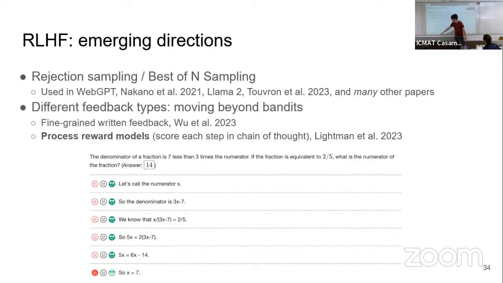So instead of giving just a reward at the end of the whole generation, we can give a reward to each step in the demonstration. Then the model has more information. We are giving more feedback to control the behavior. Instead of just giving a reward at the end, we can reward intermediate steps.